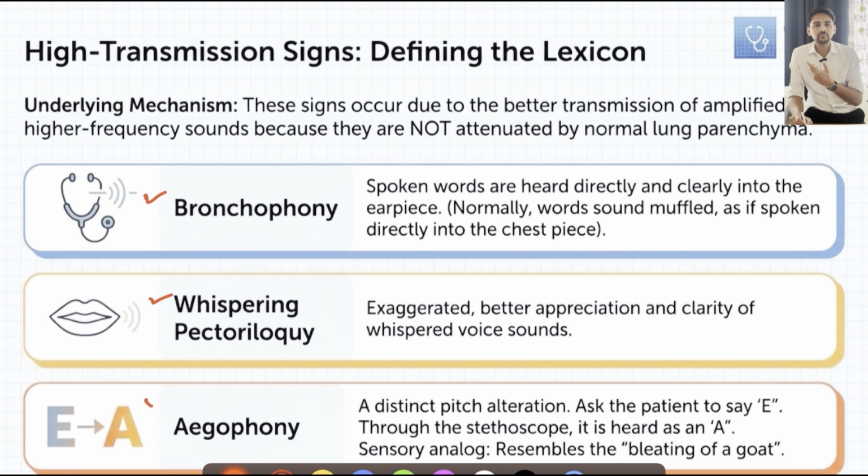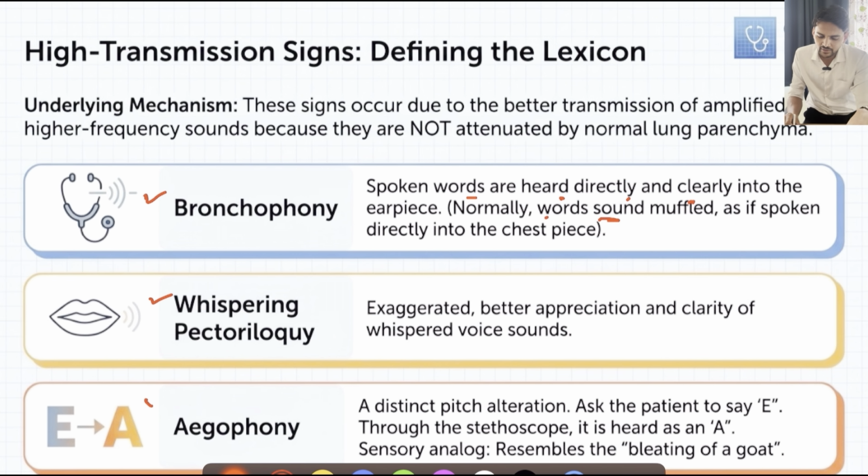Whereas in bronchophony, when there is increased amplified transmission of these sounds, the same sound will appear as if it is being generated in the earpiece of the stethoscope. So it will be much closer to the ear. That is, spoken words are heard directly and clearly into the earpiece of the steth.